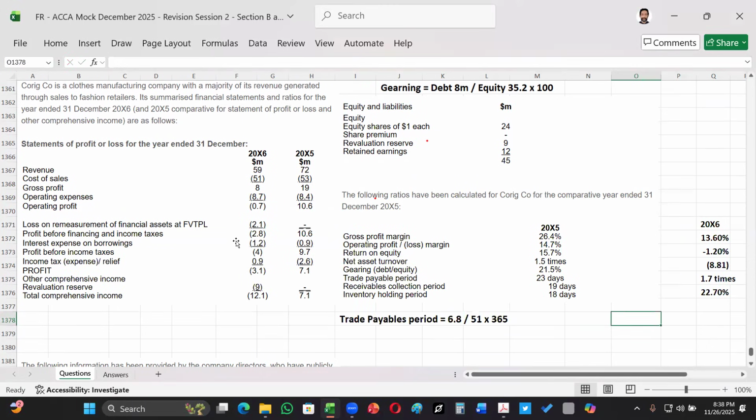So the payable days are going to be 6.8 divided by 51 multiplied by 365. The answer is 48.7 days. Okay, so previously the payable days were 23, and now the payable days have gone up. This shows that we are taking more time to pay, or we can just say 49 days.